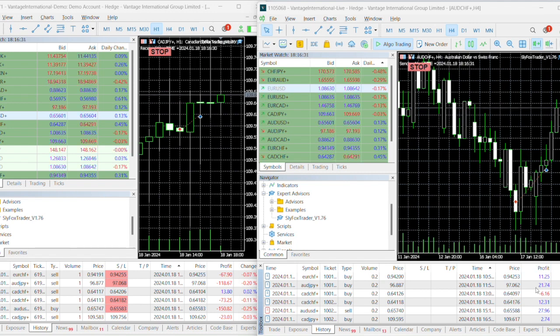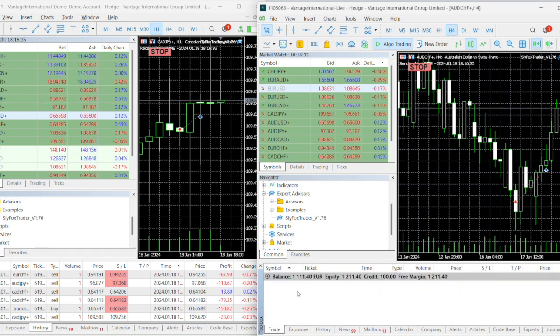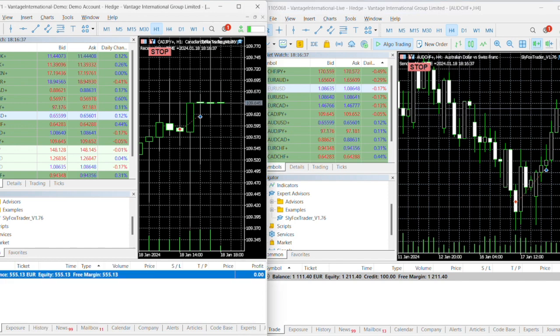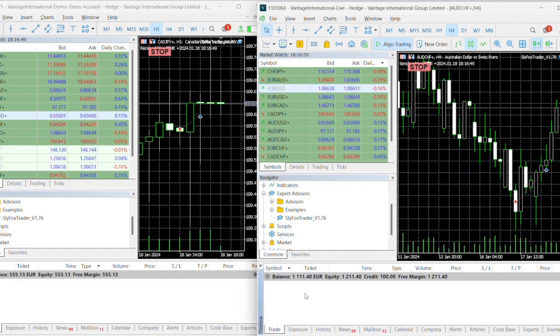were quite profitable, and the new balance here, as you can see, this we will always reset to 1,000 euro, always below our live balance. And as you can see here now, the new balance is 1,111.4.